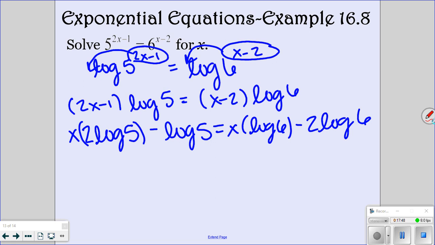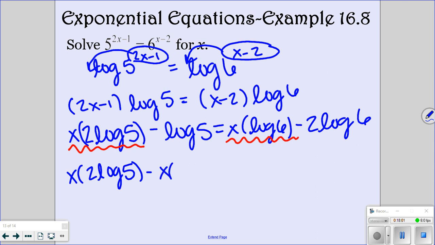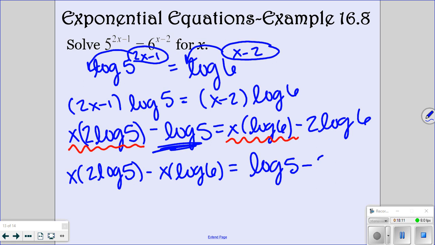And then from there, we need to put our two x terms on the same side. So here's one x term, and here's the other. So I'm going to keep this 2 log 5 on this side, and then minus x times log of 6. So then we need to move this one over to the right side. So it's going to become a positive log 5 minus 2 log of 6.